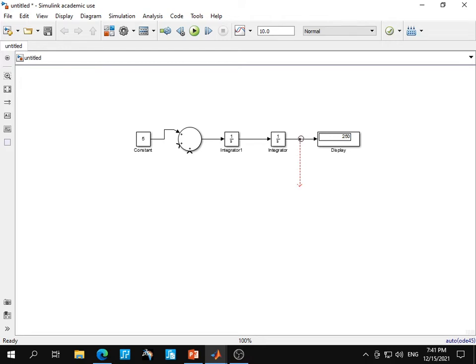What is the data right here? It's x. What if you put it here? If you draw a line from here, it means this number coming out is x dot. And this is x double dot.